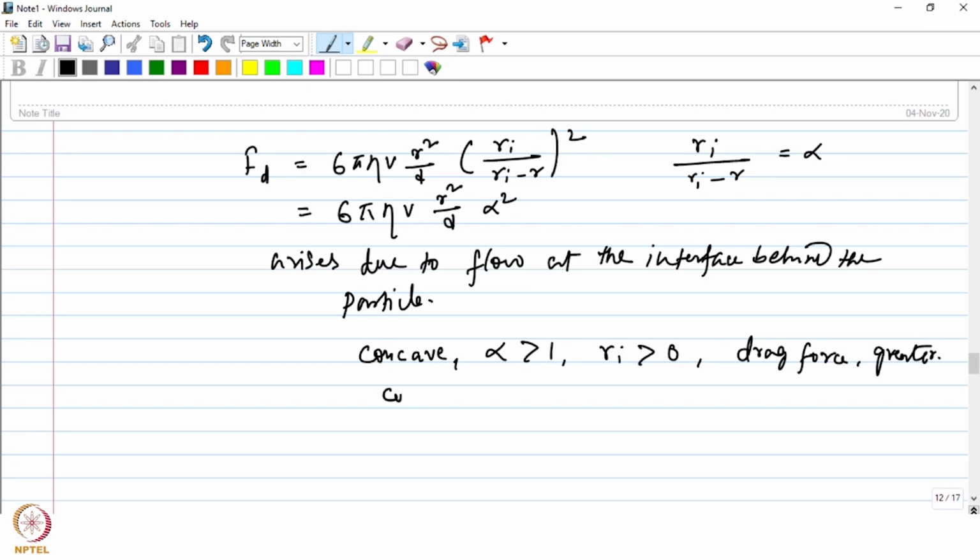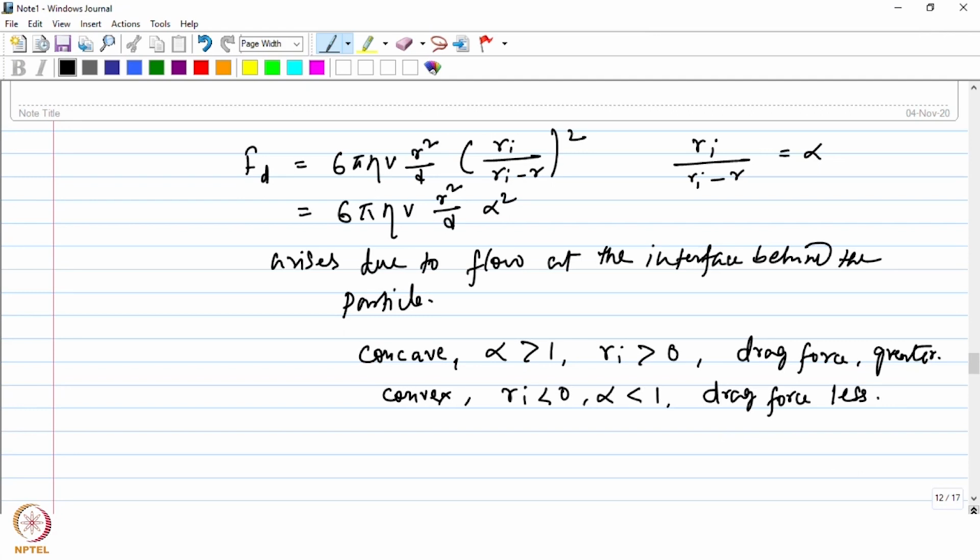On the other hand, for a convex interface, that is when Ri is less than 0 corresponding to alpha less than 1, the drag force is lower compared to a planar interface.